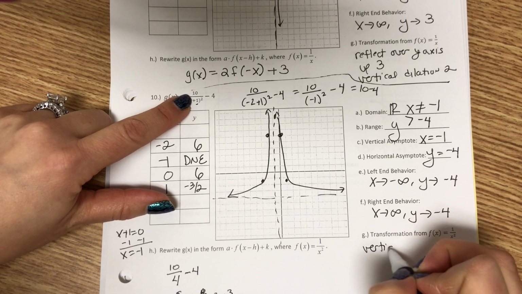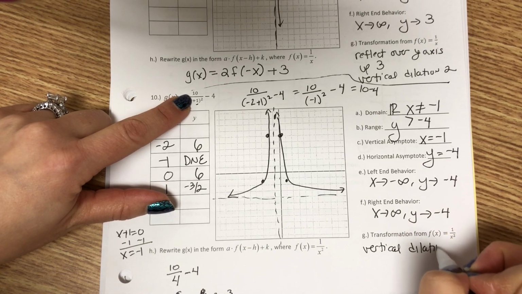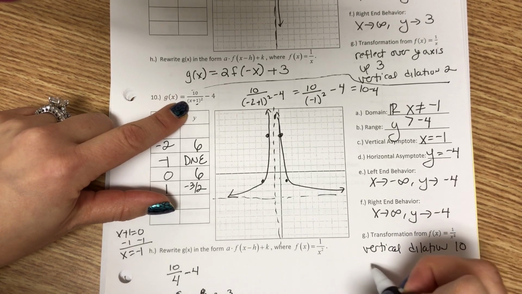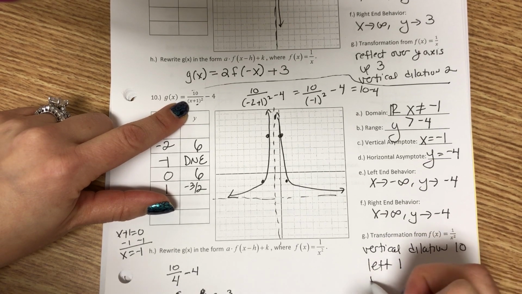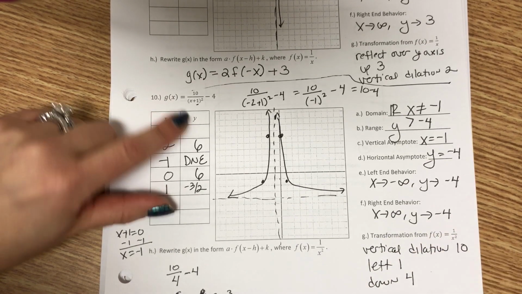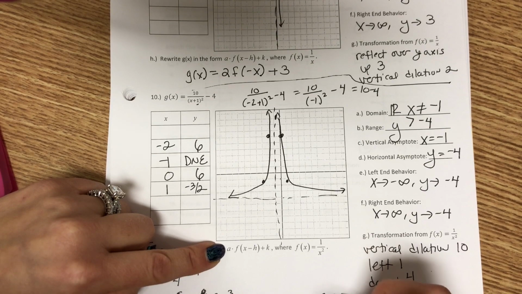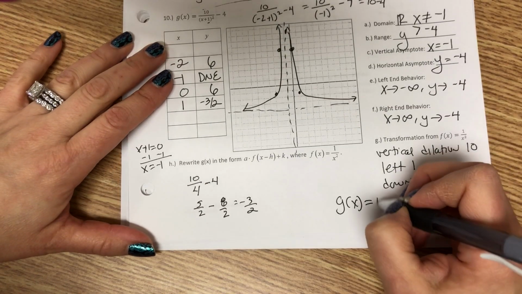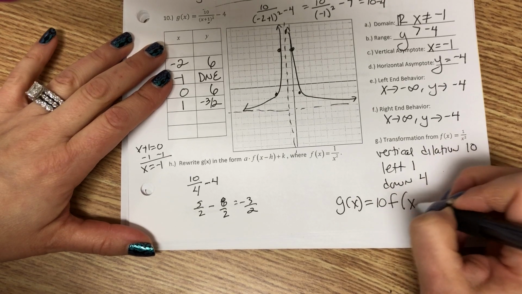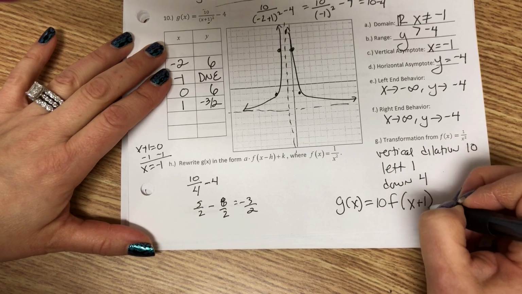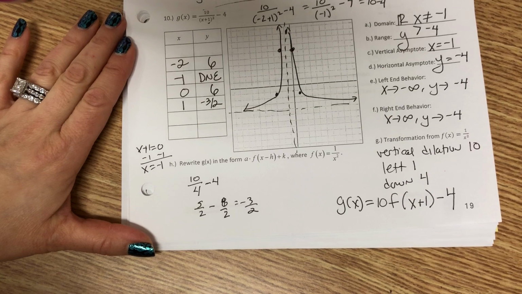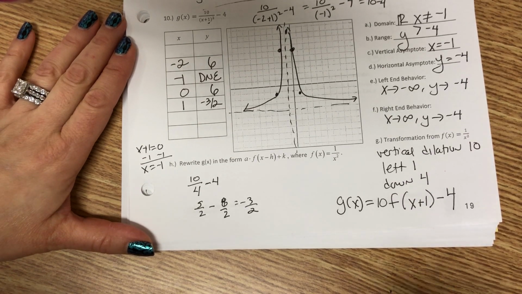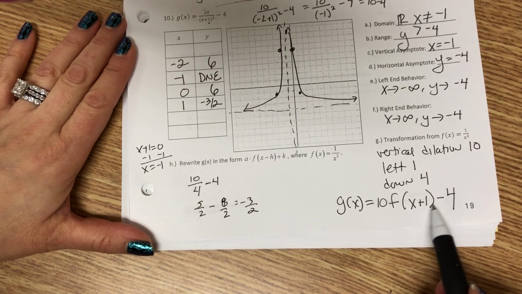We've got a vertical dilation of 10, left 1, down 4. So our notation is 10 times the function of x plus 1 minus 4.